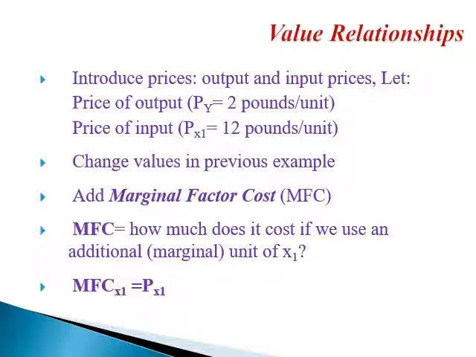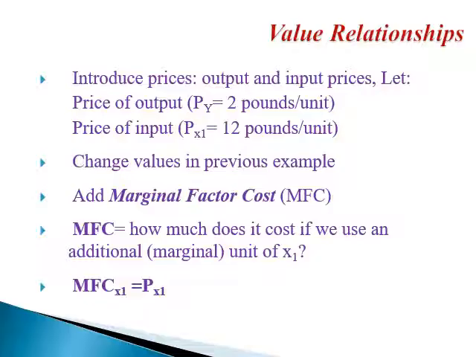So the point is that probably when I use some little units of the variable input, I produce a lot of output, and as a result, P of y times y might be way bigger than P of x1 times x1. So do not be fooled by that. Let us talk about an input such as micronutrients. Micronutrients that are used in agriculture, for example, are very expensive.